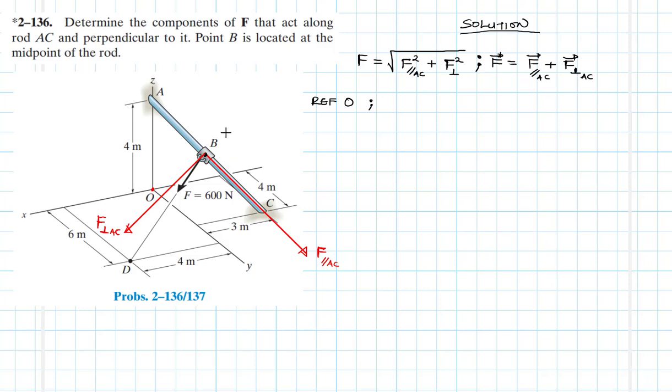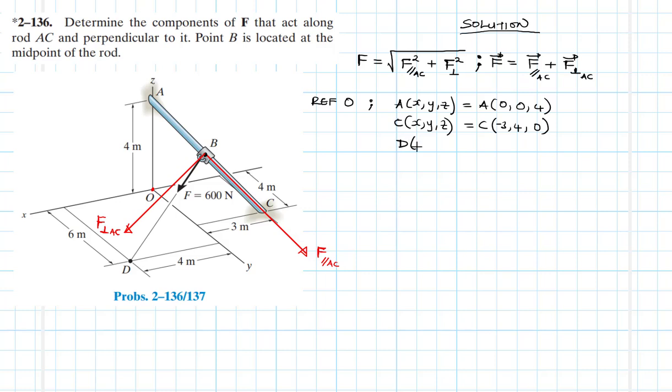Okay, so let's start the work quickly. Components for A are going to be equal to 0, 0, 4. Components for C, X, Y, Z, are minus 3, 4, 0.